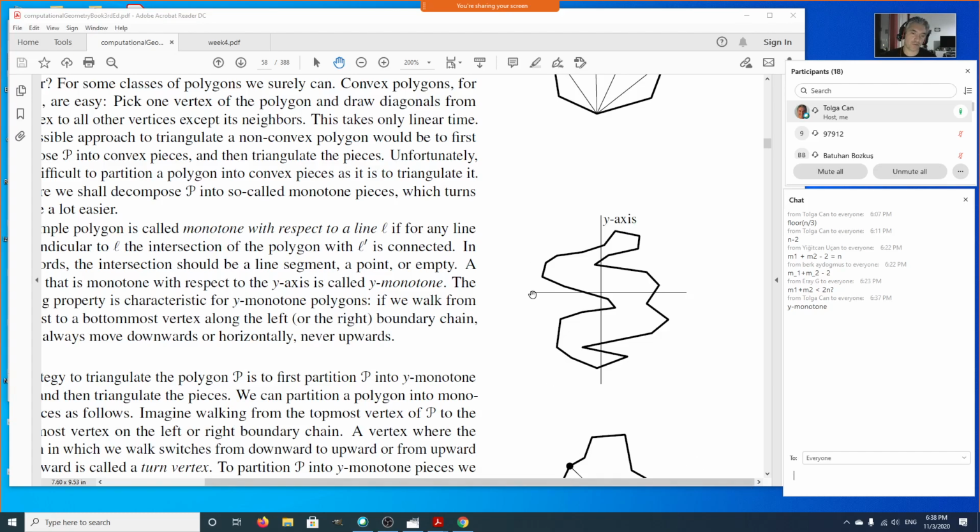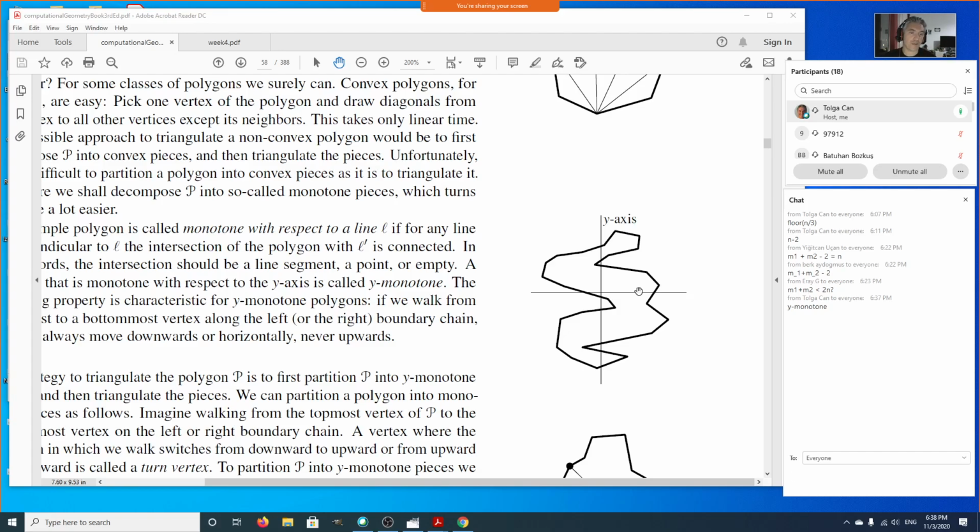So if you draw a line like this anywhere, any line parallel to the x-axis, it will intersect the polygon in a connected segment, either a single line segment like this, or a single point, or maybe an entire line. Okay, so the interior of the polygon will be a single connected part.